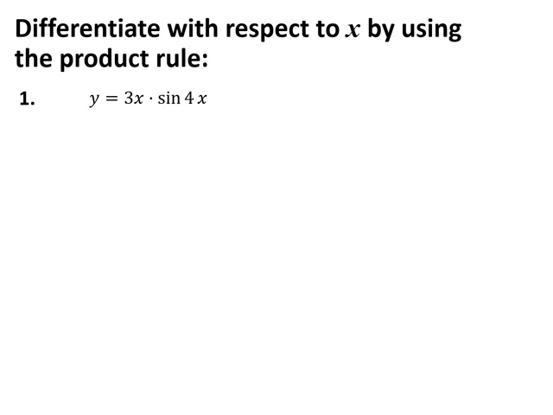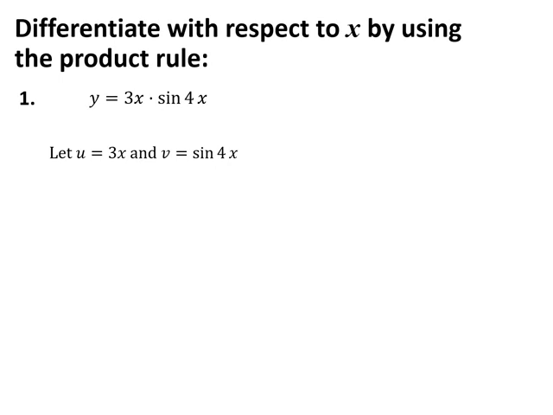Because they are multiplying each other, you can apply the product rule. That is, you give them names. The first one, you call it u. Then the other one, you call it v. So our u is 3x, our v is sine 4x.